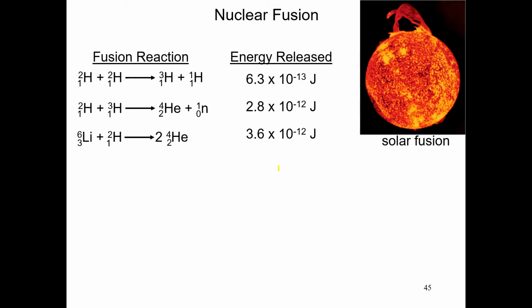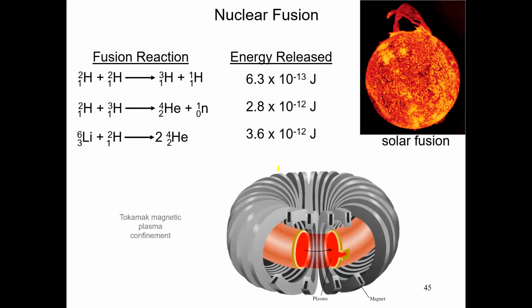So a plasma might be a good place to work with these kinds of reactions, but it's hard to contain. One way of doing it is to contain it in magnetic fields. This is once more a sketch of something called a tokamak reactor, where you're containing plasma by surrounding it with magnets. Again, these things are still in the experimental stage.